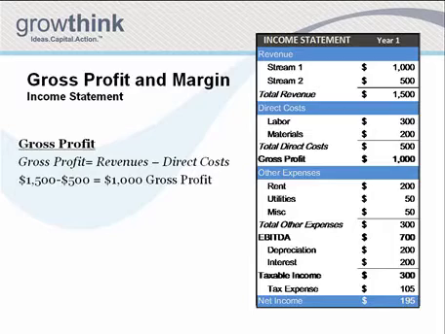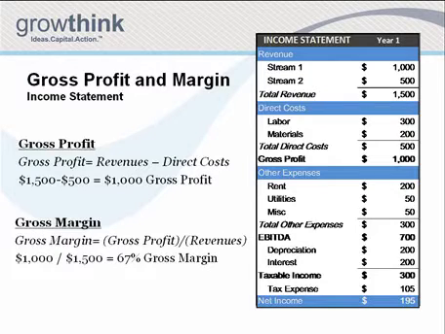We subtract the $500 from the $1,500 revenue, and we get a $1,000 gross profit. Gross margin is an important calculation, which divides that $1,000 by the $1,500. So it divides gross profit into the total revenues, and in this case shows us we have a 67% gross margin.